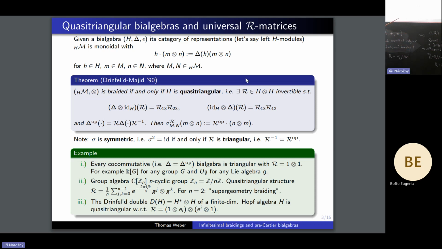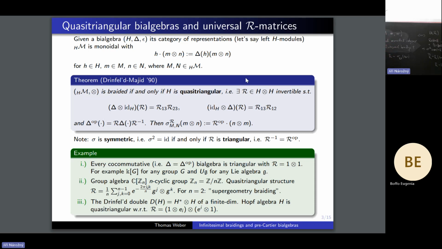You can do something more non-trivial on the cyclic group. Let's have a look at the group algebra of Z_n. On this one, you can have a quasi-triangular structure like this here, where the g that we have is an element of the group algebra such that its power n is 1.